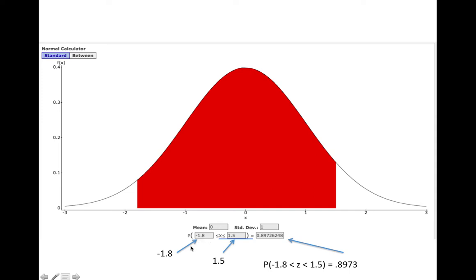On the left-hand side, we have between negative 1.8, and on the positive side, we have 1.5. We check our visual. That looks good. So we're going to hit compute, and we have the reported area between those two z values of 0.8973.